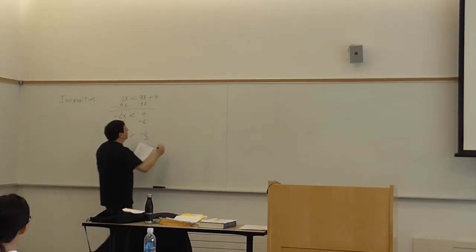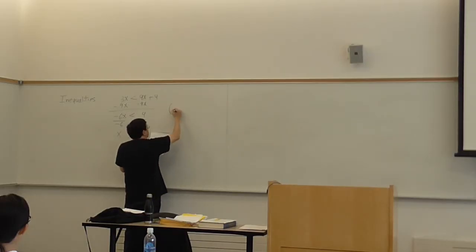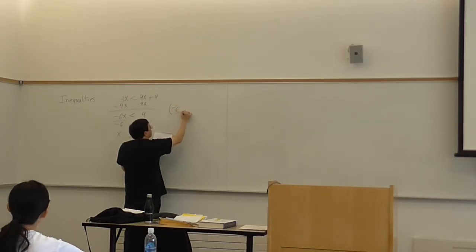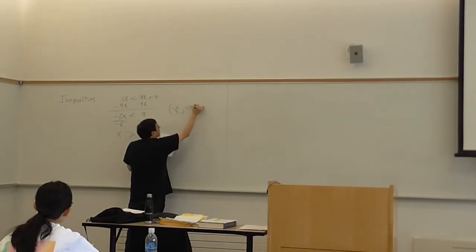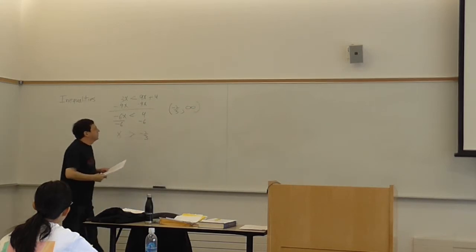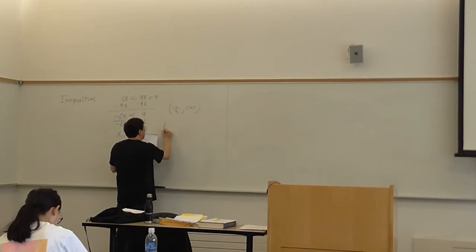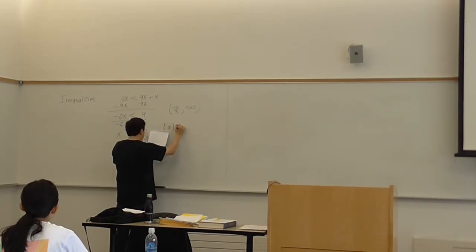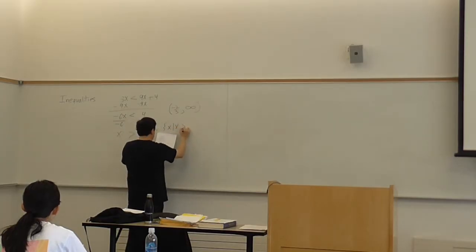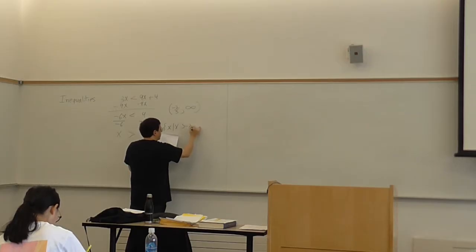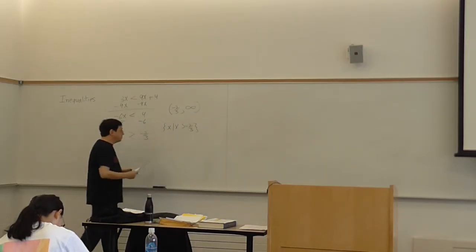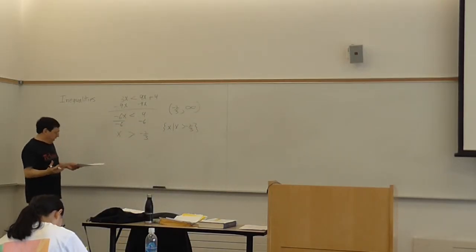I might write this answer as the interval, negative 2/3 to infinity. Or I might write this as x such that x is greater than minus 2/3. Write it as a set. And now I want to graph it.